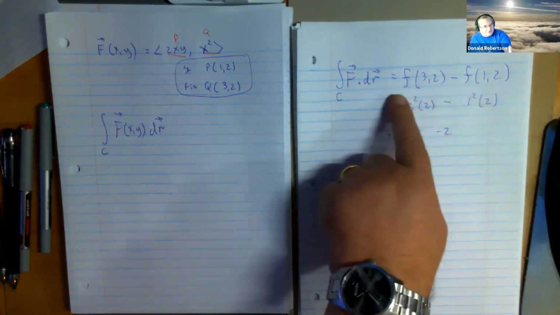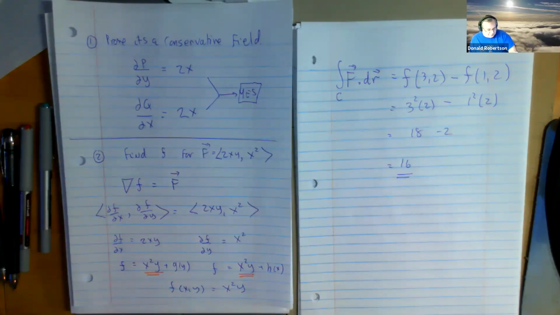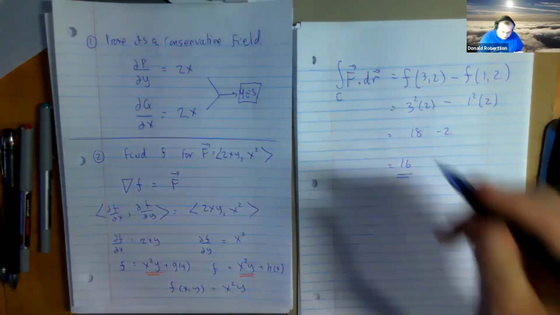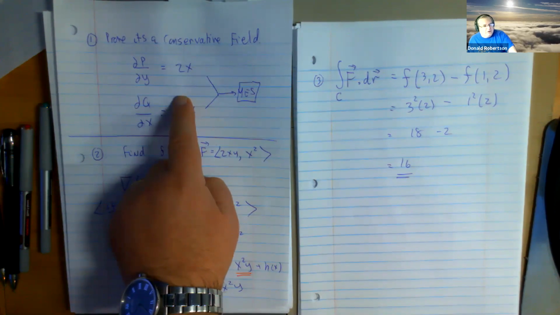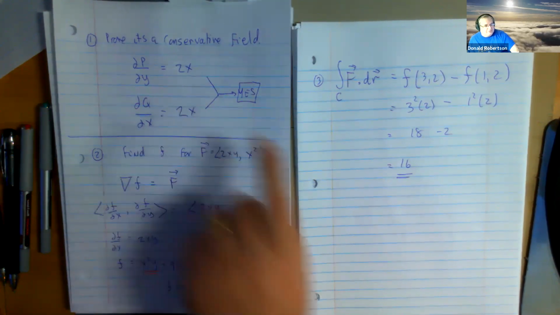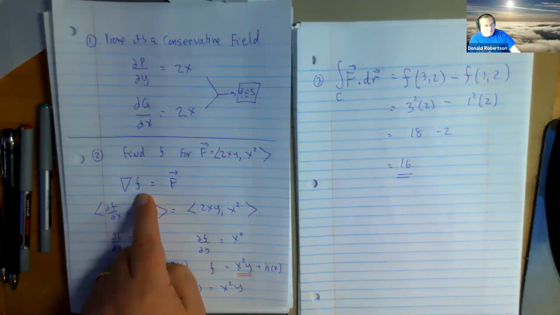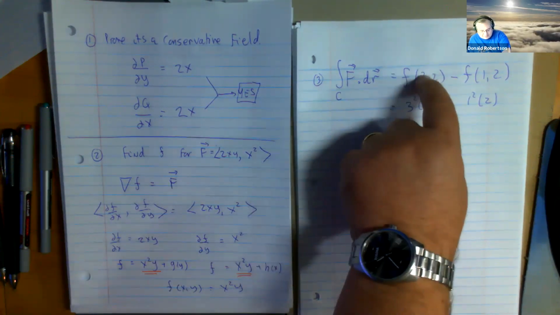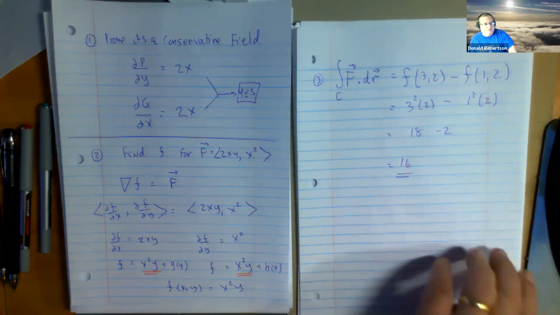This cuts out the middleman and tells you the answer. And of course, that's step 3. Step 1, prove it's conservative. Step 2, find little f. Step 3, use that guy. Done.